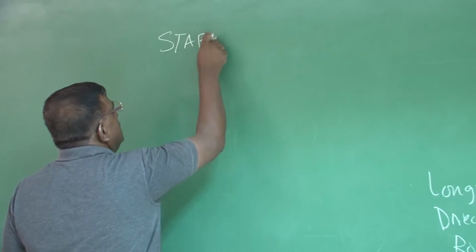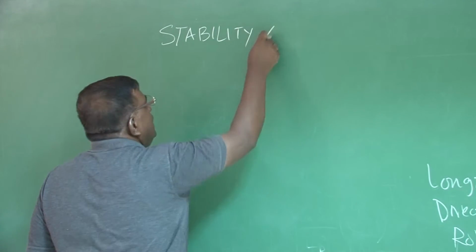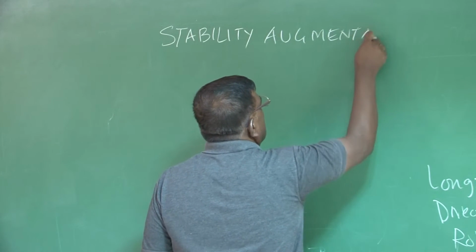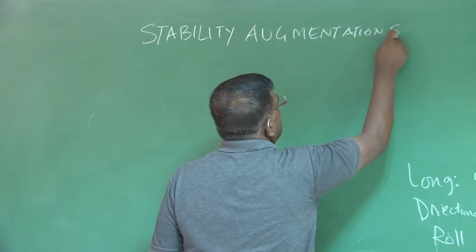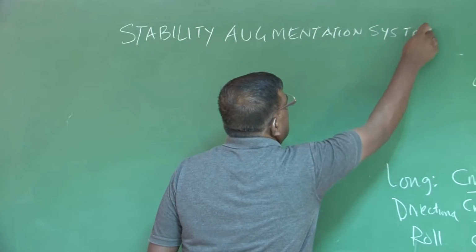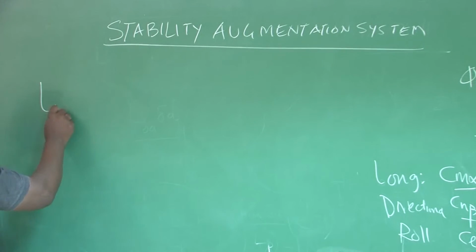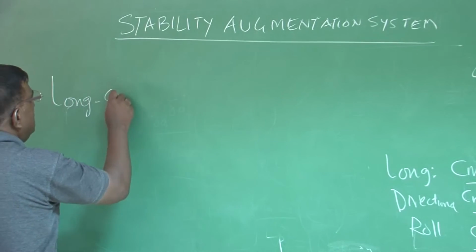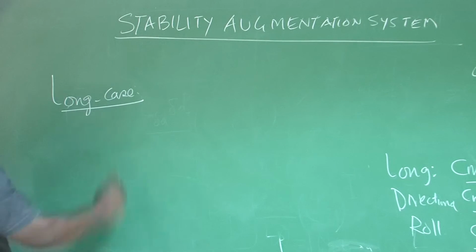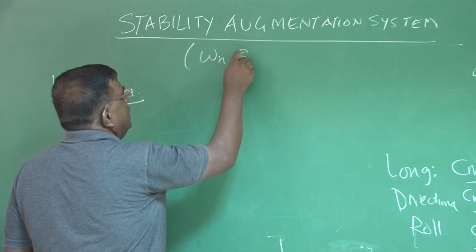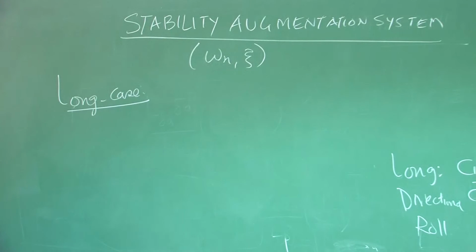Stability augmentation system. What does it actually mean? Let us say I take the longitudinal case. We will be mostly focusing on omega n and zeta through handling qualities of the airplane, which I will talk about next lecture.